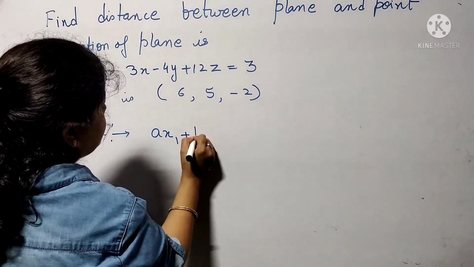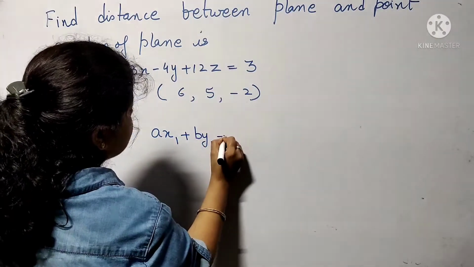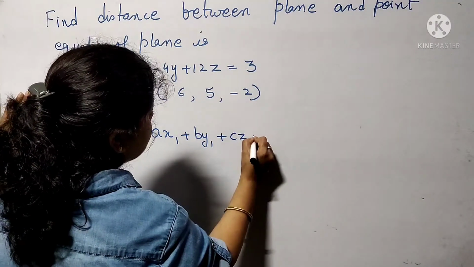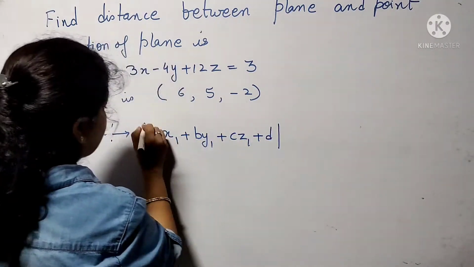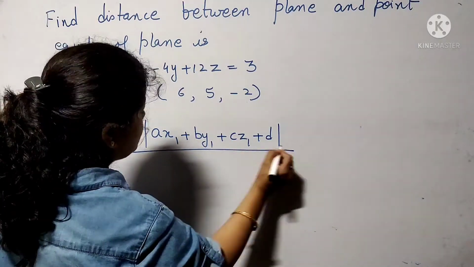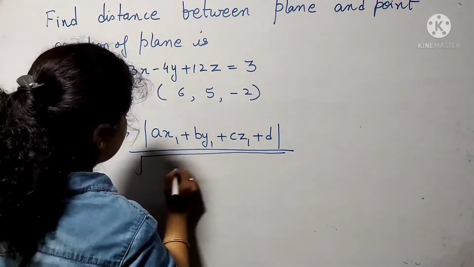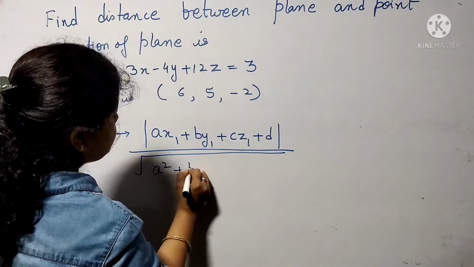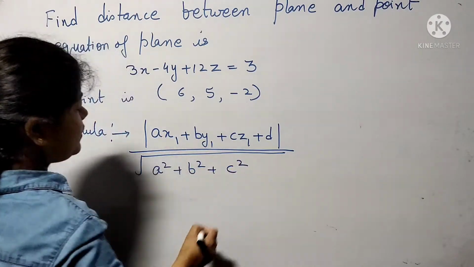ax1 plus by1 plus cz1 plus d. We have to take the absolute value over under root a square plus b square plus c square.